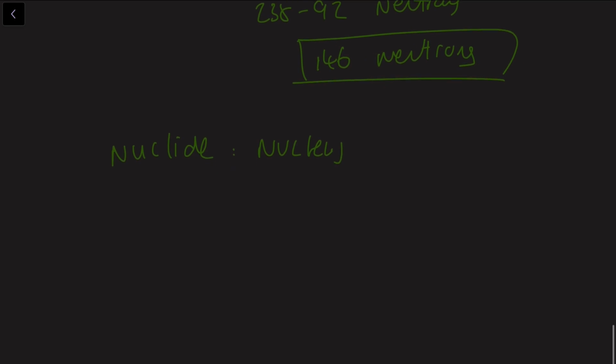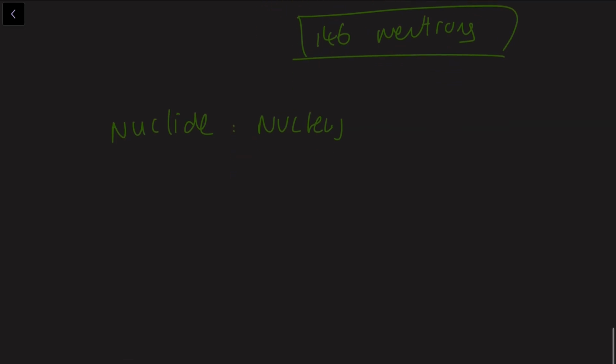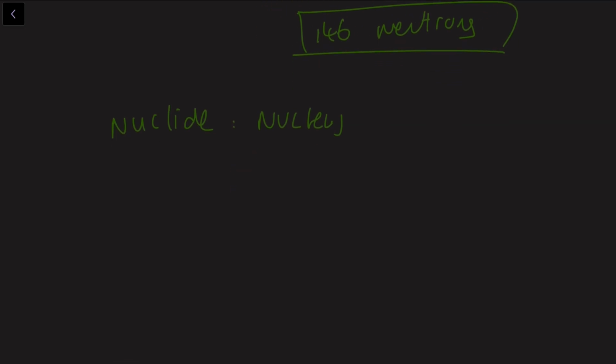And it can be labelled using the same isotope notation. So for example, we can take carbon-12, with 6 protons. All we care about are the 6 protons and the 6 neutrons. And it's going to have a relative charge of +6.